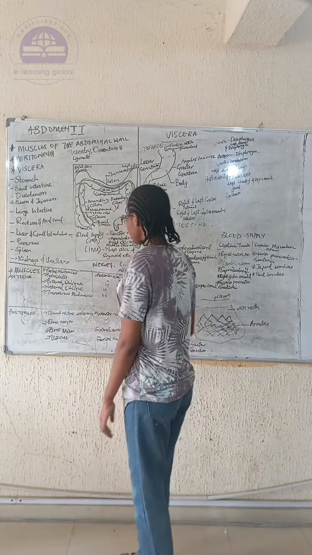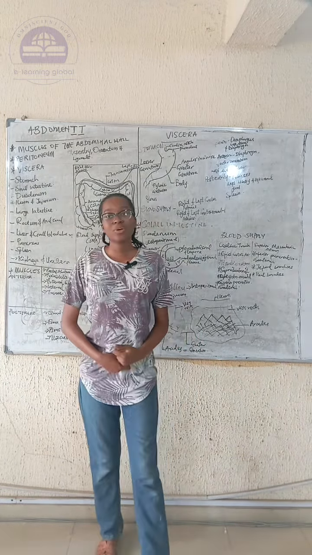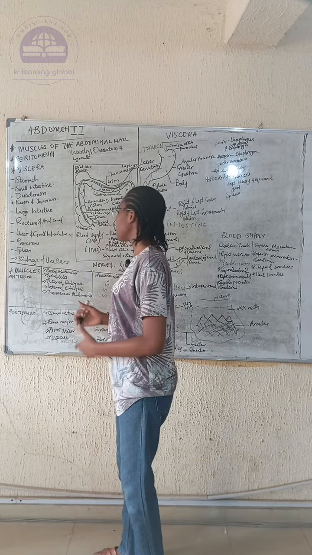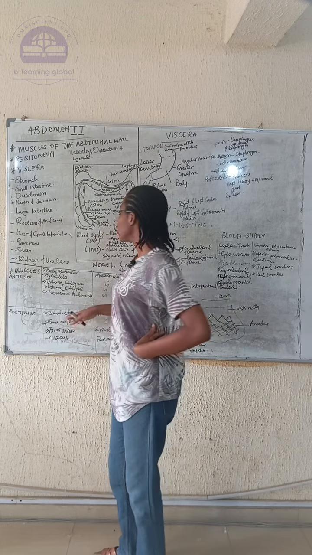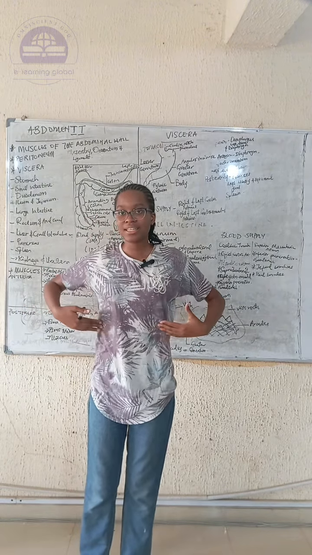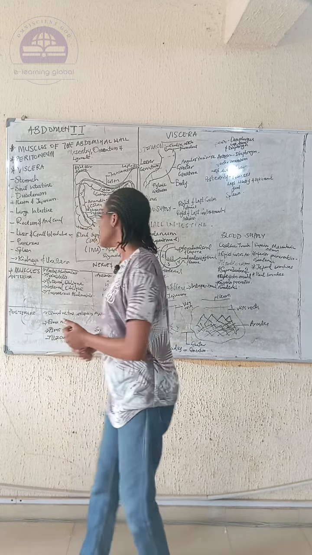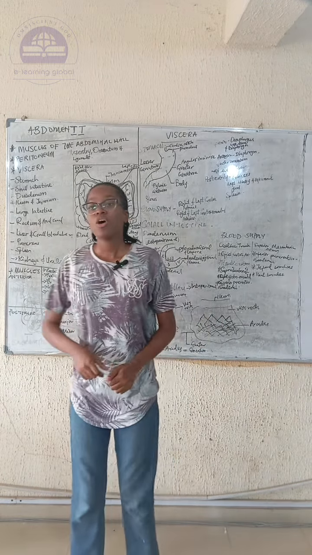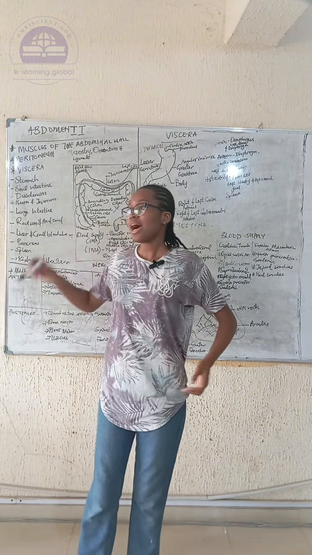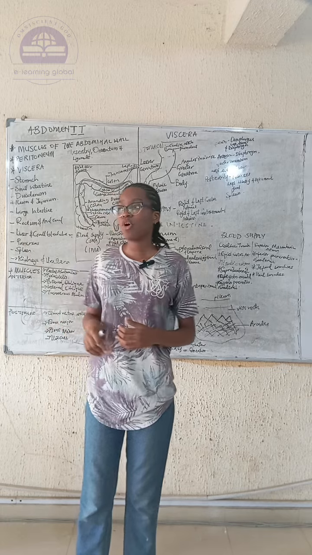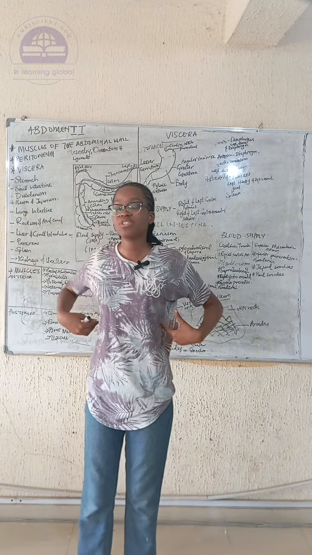And then the quadratus lumborum. The quadratus lumborum is a muscle that is lateral to the psoas major. So once you have the psoas major medially, after that you have the quadratus lumborum. It attaches to the transverse processes of the lumbar vertebra, and also to the inferior border of the medial aspect of rib 12.